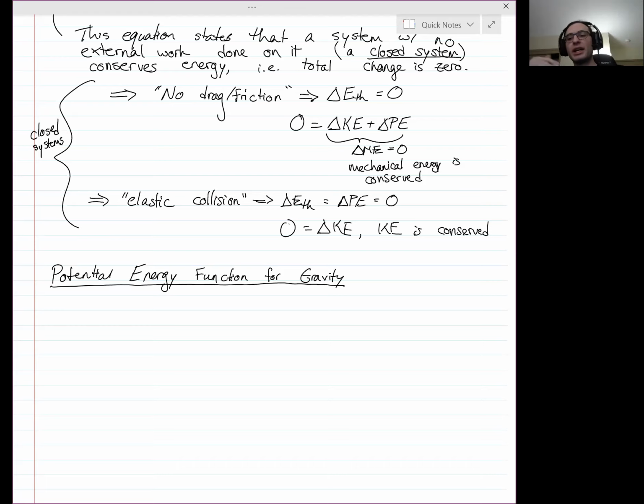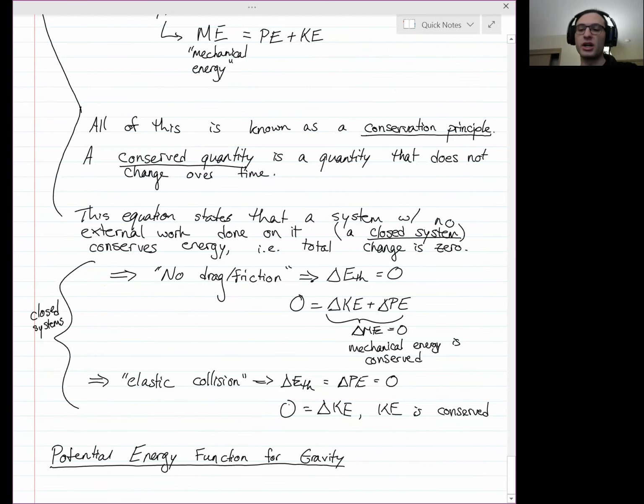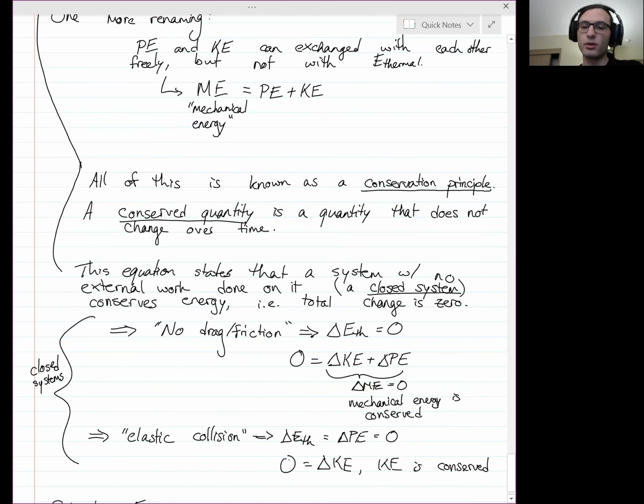Meaning, if I could give you a function that you plug a position into and it spits out a potential energy, it would be much easier to find the difference in potential energy by just subtracting one number from another, as opposed to taking the force of gravity and integrating it along a path and then using that to compute the change in potential energy based on the definition given by the negative of the work. So let's go up to where we define potential energy.